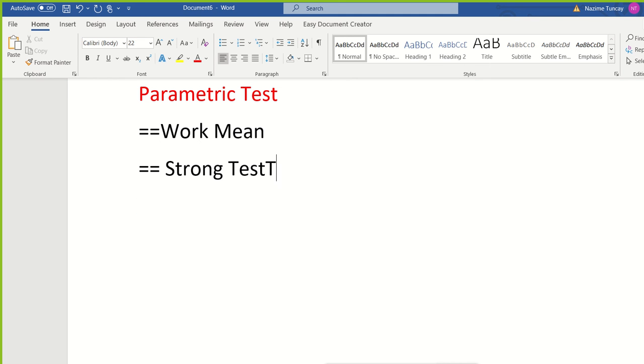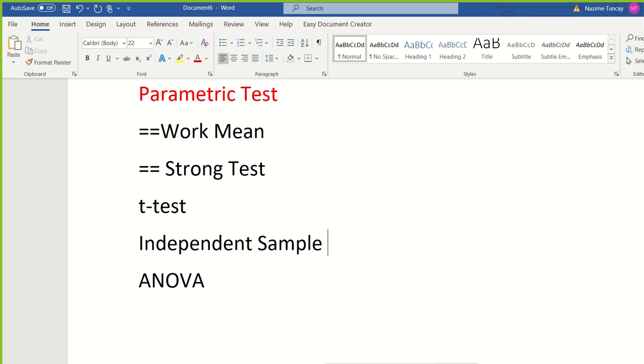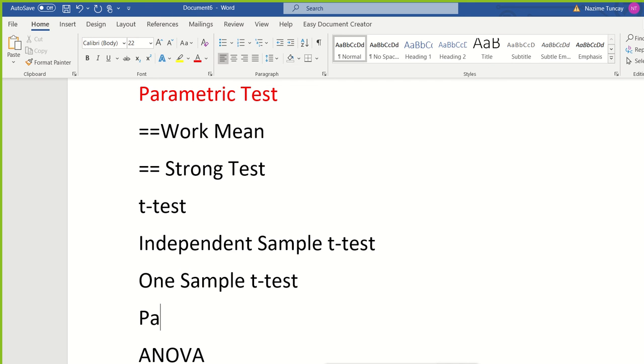We have discussed what these three tests are and what their preconditions are. And there is ANOVA. In parametric tests, we have seen one-way ANOVA. The t-tests are the independent sample t-test, the one sample t-test, and the paired sample t-test.